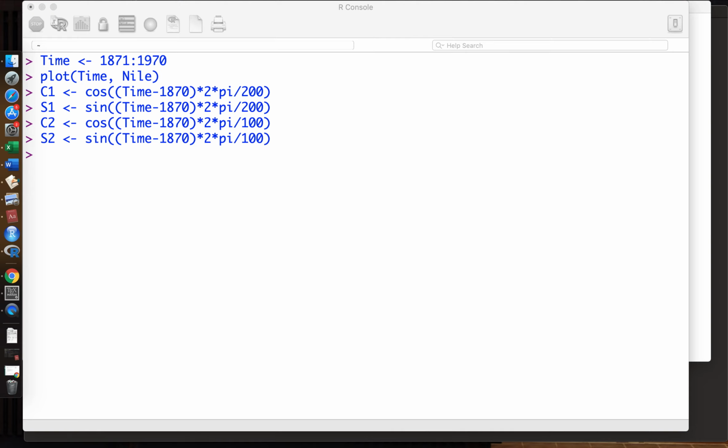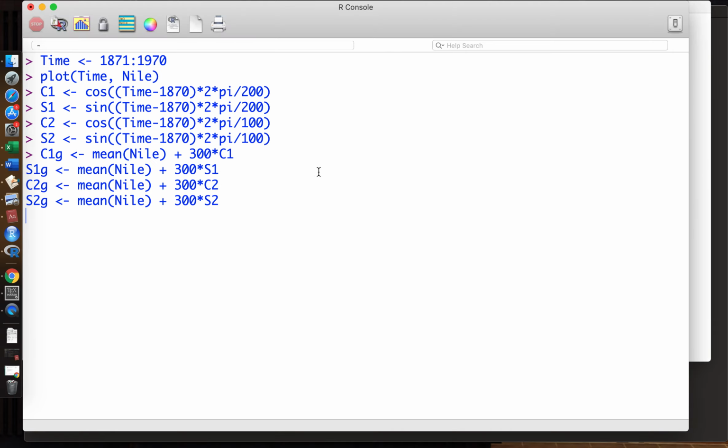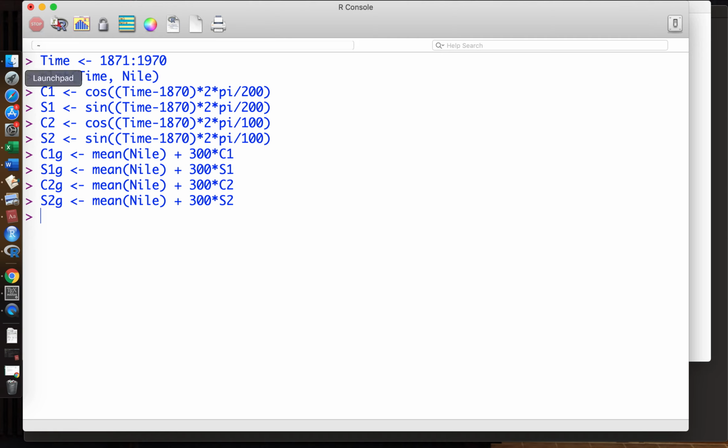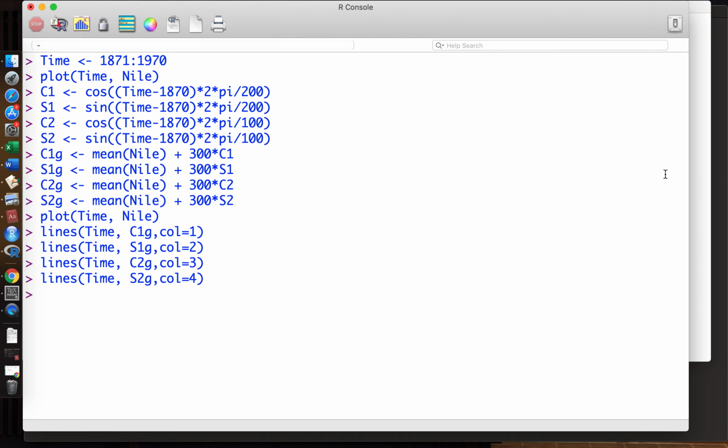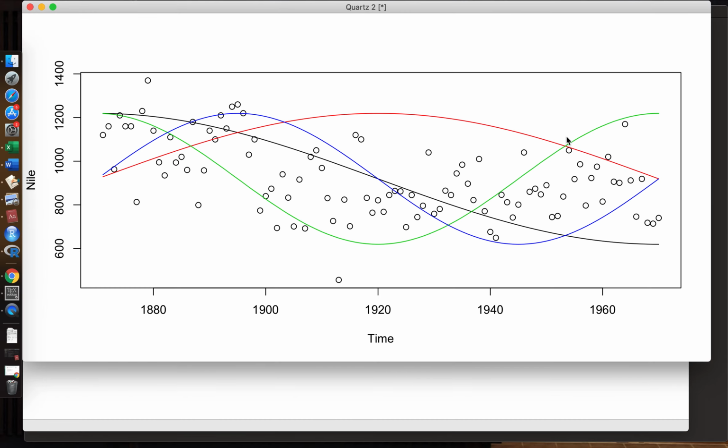Just to show how these curves look, I adjust the level and the magnitude of these variables, because we want to first see what curves we are using. And these are the curves.